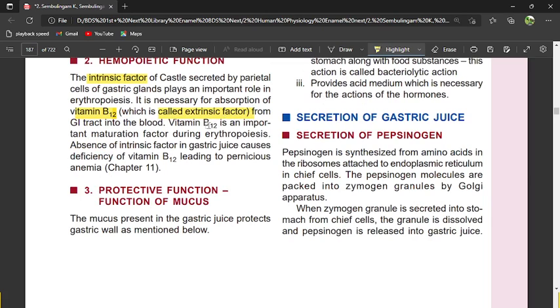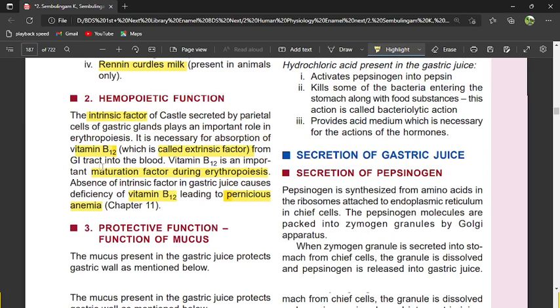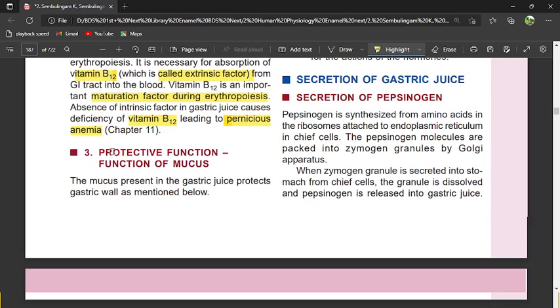So vitamin B12 is important as a maturation factor during erythropoiesis. Absence of this intrinsic factor in the gastric juice may cause a deficiency of vitamin B12, and it may lead to pernicious anemia also. Okay, in its deficiency, pernicious anemia can also occur.